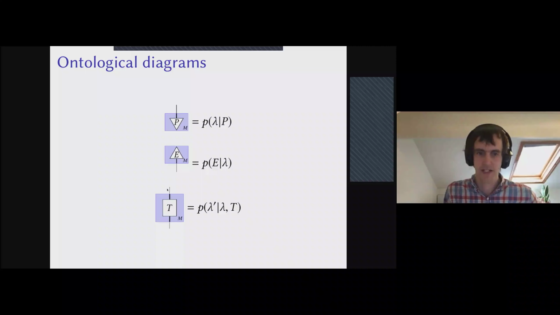And finally, for transformations, by drawing a blue box around a transformation, I can ask what's the probability of some output state lambda primed given an input state lambda and the transformation T. Again, to emphasize, we're talking about the operational equivalence classes of transformations. So this is automatically transformation non-contextual, this is automatically measurement non-contextual, and this is automatically preparation non-contextual.